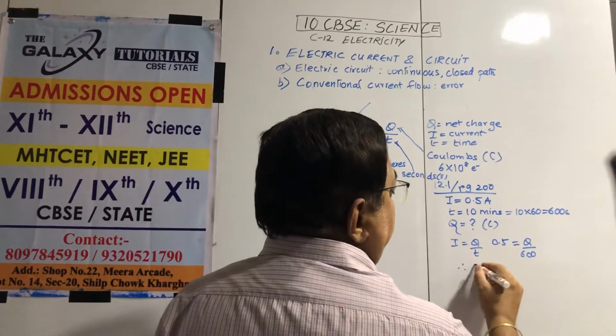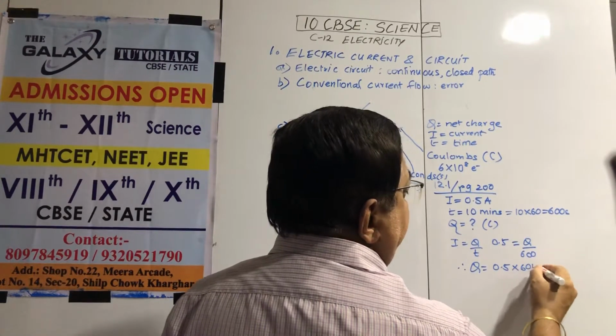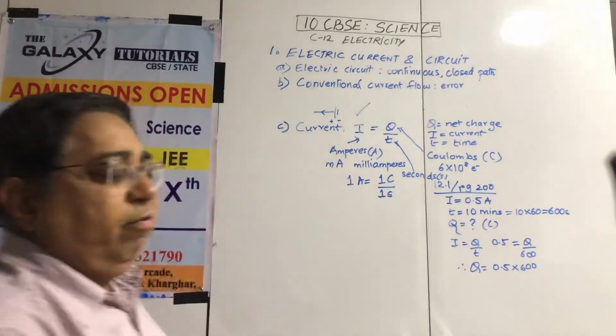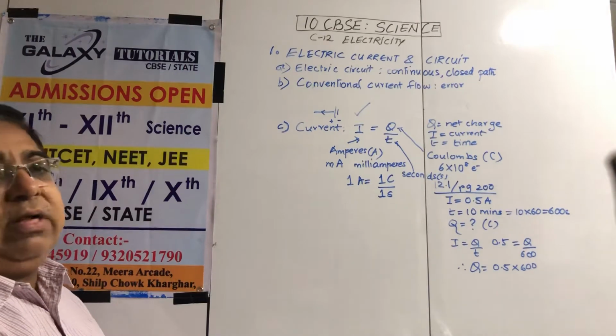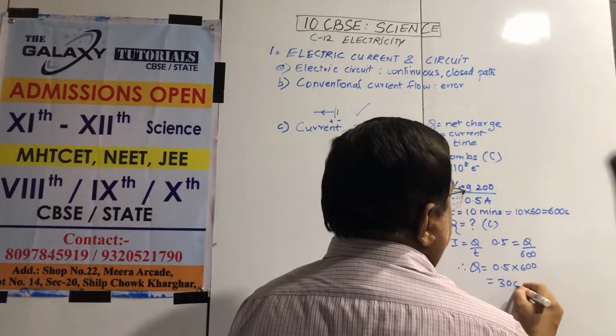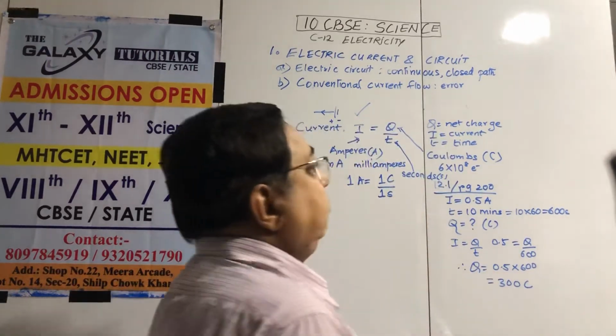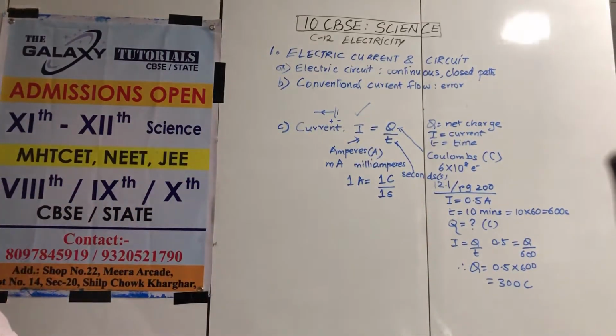Therefore, Q is equal to 0.5 into 600. That is half of 600, or 5 upon 10 multiplied by 600, whichever way you like. This is 300 coulombs. Now you'll say, what a silly sum, very simple. It can even be asked as a 1 mark MCQ.